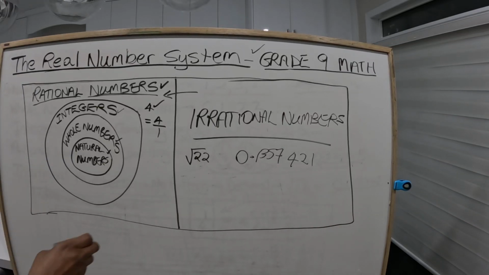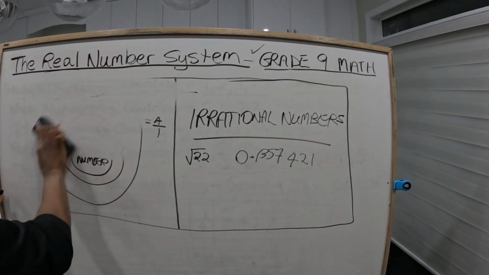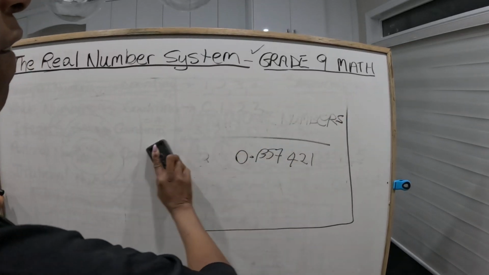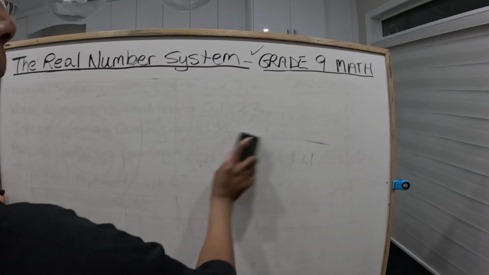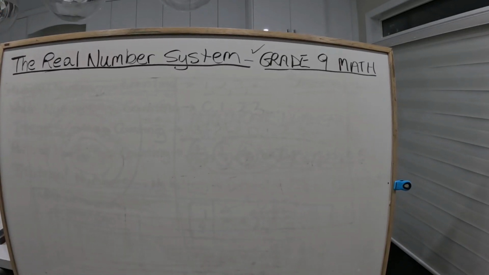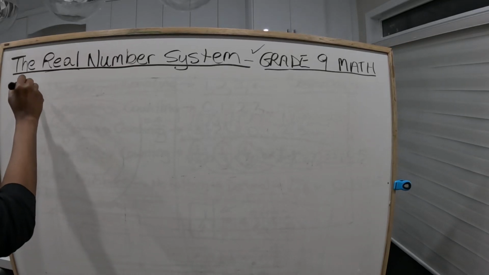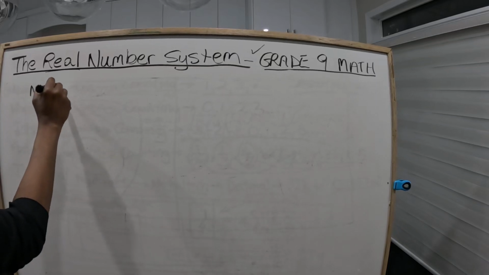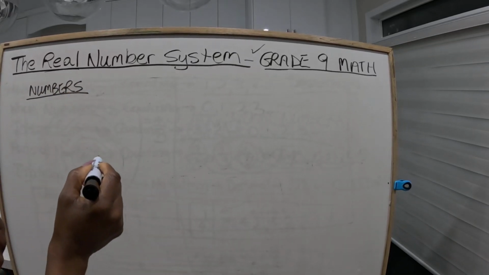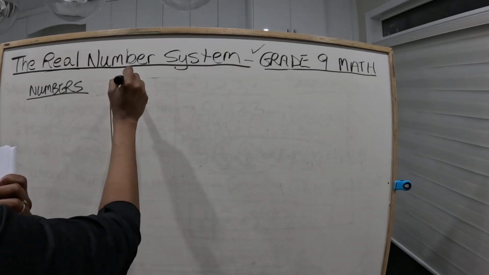So let's go into a little quiz. We're going to talk about different kinds of numbers, and then you're going to determine whether they're rational or irrational.